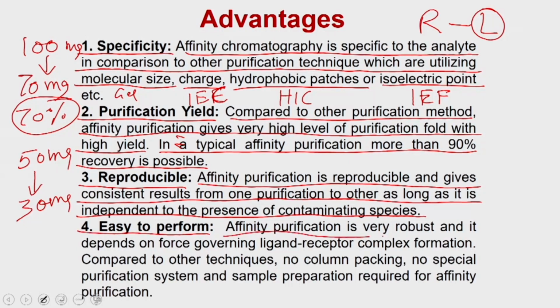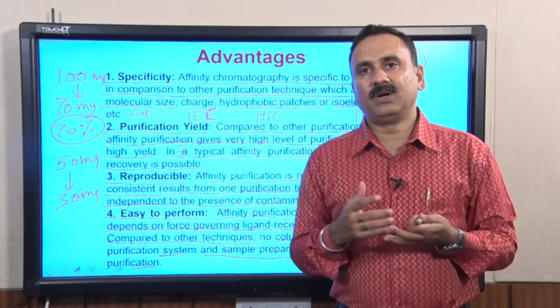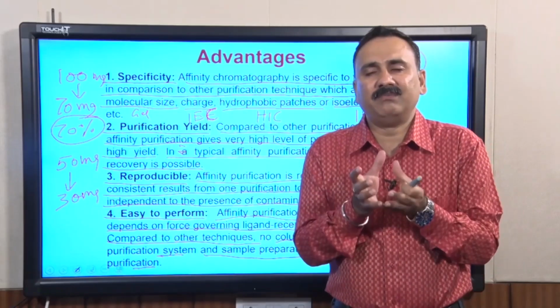Affinity purification is very robust and it depends on the forces governing ligand receptor complex formation. Compared to the other techniques, there is no column packing, no special purification systems, and sample preparation is required for affinity purification. So, this is point number 4, that it is very easy, because what affinity purification requires is that you have the beads.